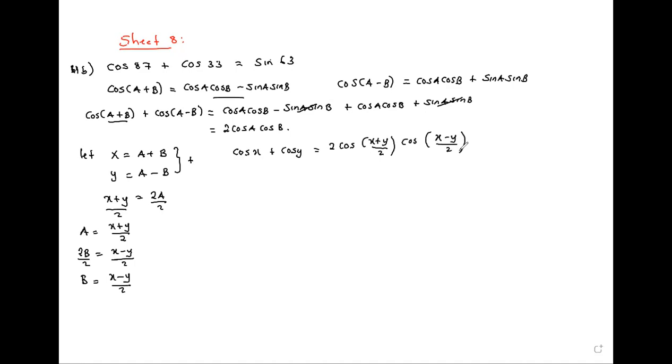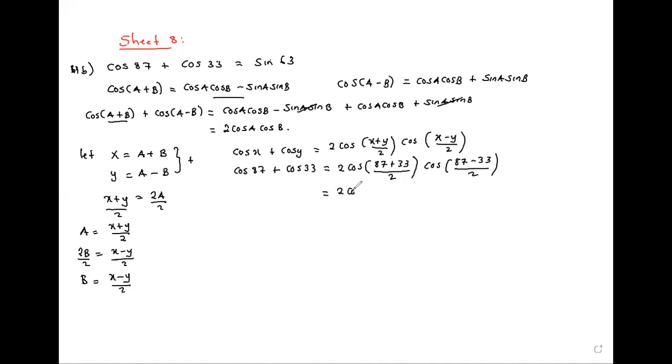And so we go back to our left-hand side, cos 87 plus cos 33. This is equal to 2 cos of (87 plus 33) over 2, cos of (87 minus 33) over 2.